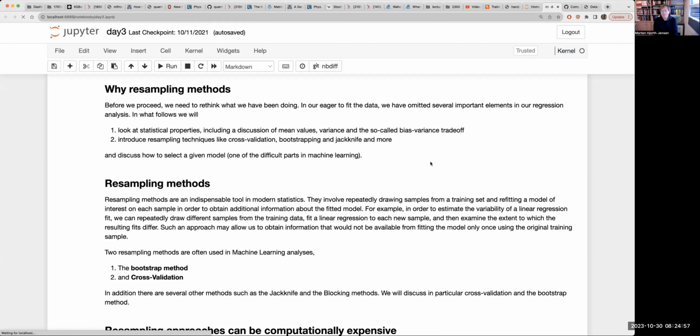As a quick reminder, the reason why we deal with resampling techniques is that normally we don't have that much data. And this is a cheap way of generating new data. The whole idea behind these methods is that we would like to produce new data based on the data we have by randomly reshuffling.